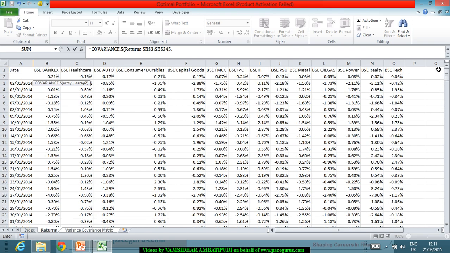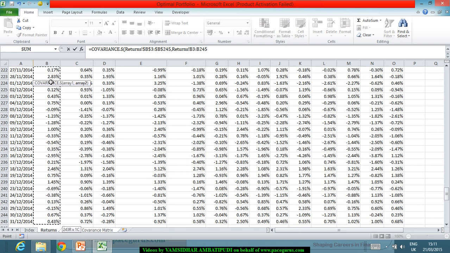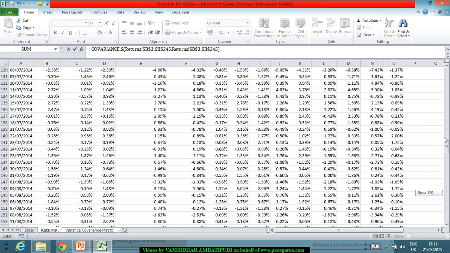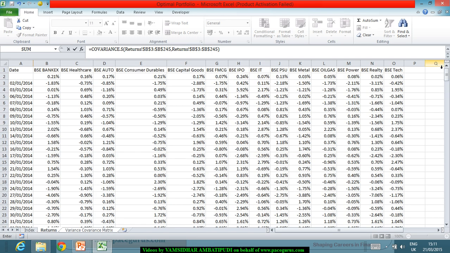Let's see how it works. Let me take the covariance between this and this. Now if I do this, yes, this is nothing but the variance, fine. But the problem is, I want to drag it across so that I get the variance and covariance for all of them in one single go using an Excel formula.